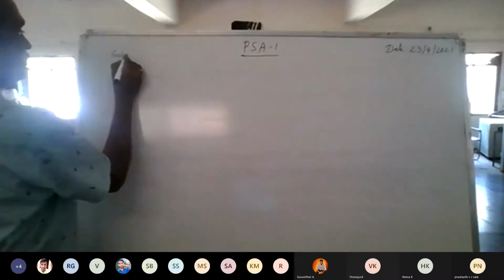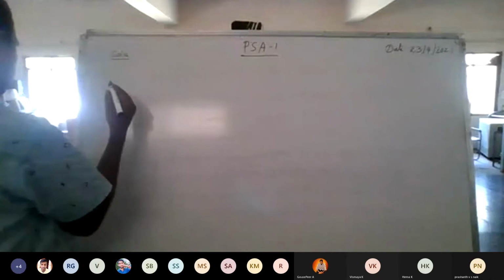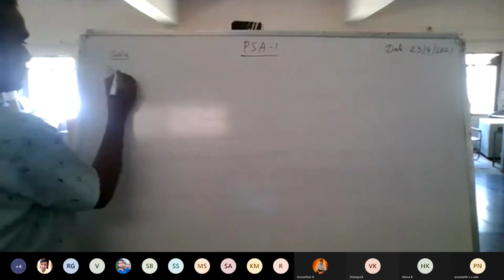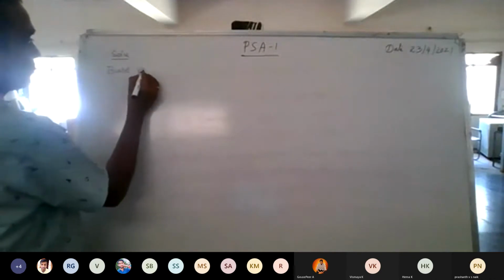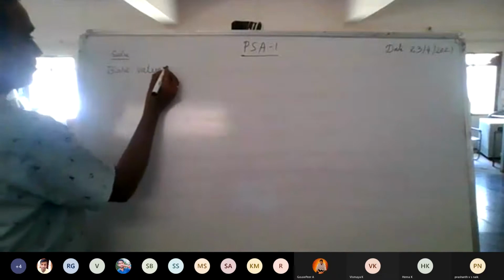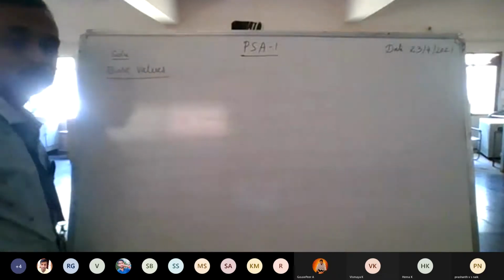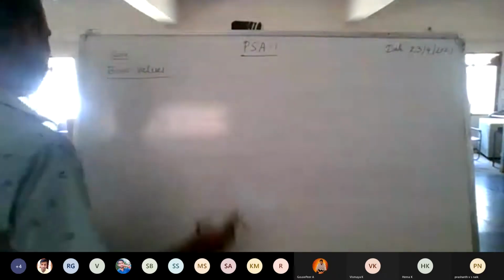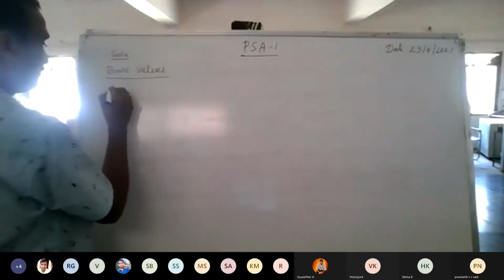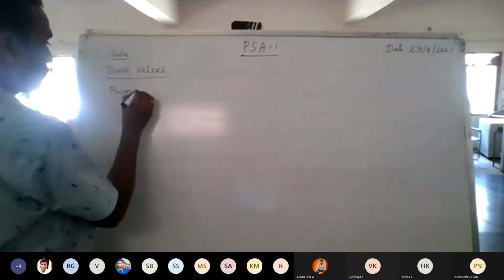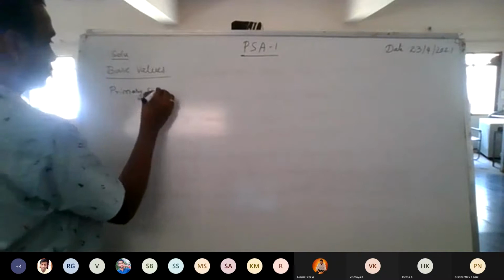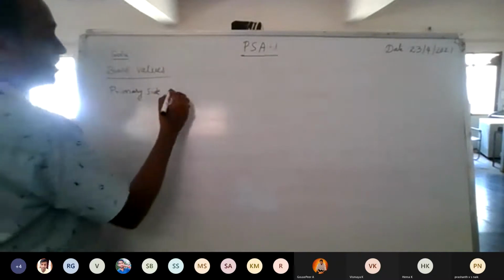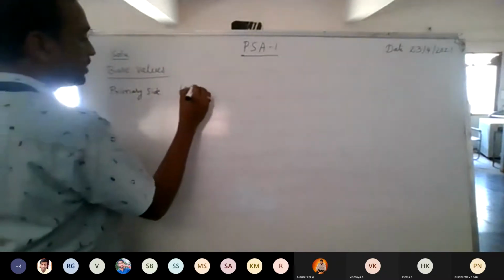Solution. What are the base values? So that is the primary side. What is the MVA base on the primary side?